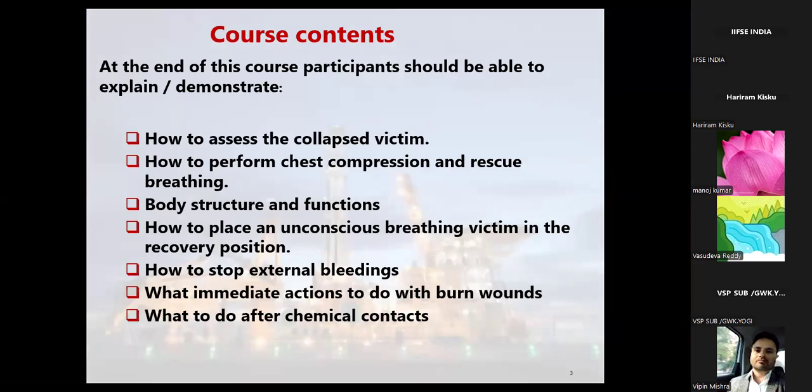Participants should be able to explain or demonstrate how to assess the collapsed victim, how to perform chest compression and rescue breathing, body structure and functions, how to place an unconscious breathing victim in the recovery position, how to stop external bleeding, what immediate actions to take with burn wounds, and what to do after chemical contact. So these are the things that we are going to see in this first aid.